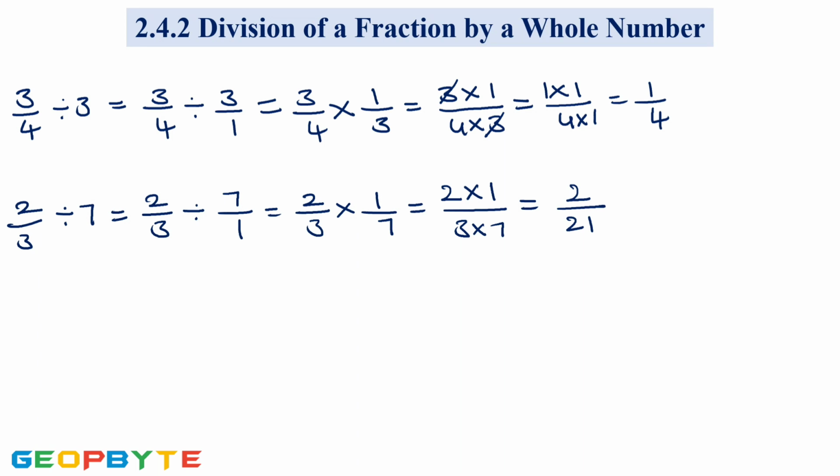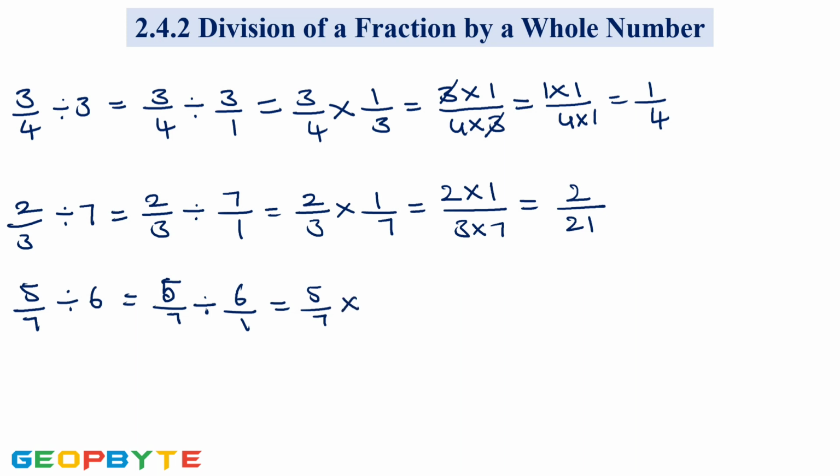Next example. 5 by 7 divided by 6, which equals 5 by 7 divided by 6 by 1, which equals 5 by 7 into the reciprocal of 6 by 1, which is 1 by 6.